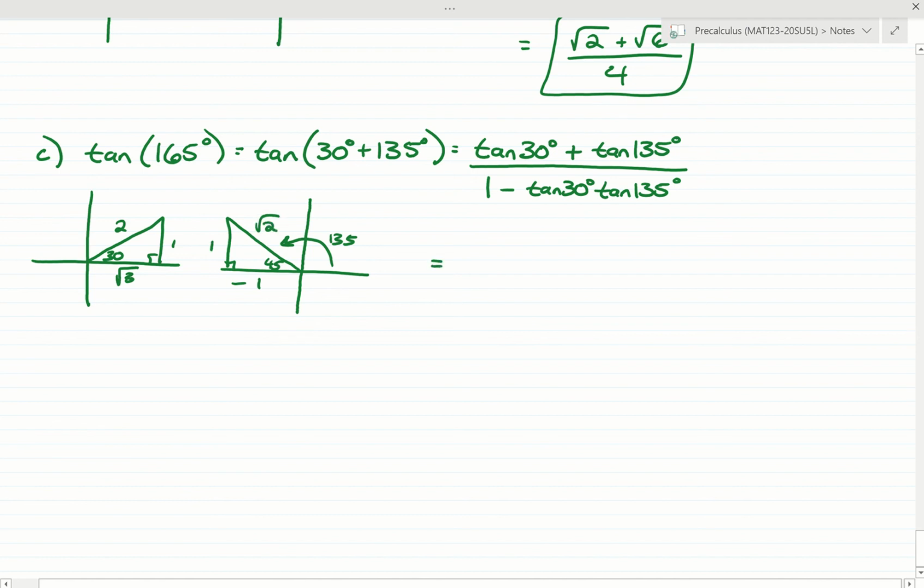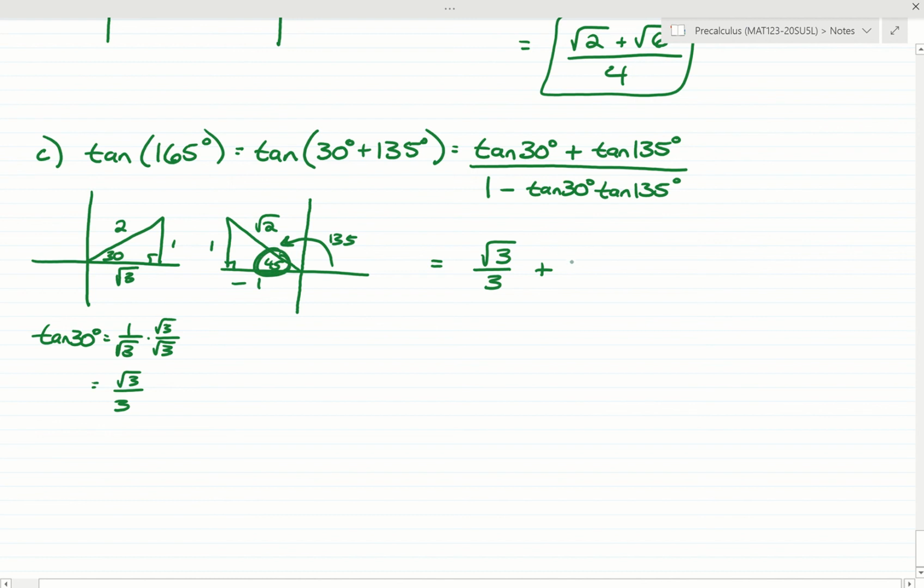The tangent of 30 would be 1 over root 3. We're going to have to rationalize anyway, so I'll just rationalize here. So we could just put the answer in our work, root 3 over 3, plus the tangent of 135. Well, tangent of 135, we're going to use this.